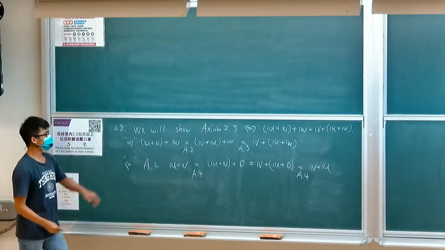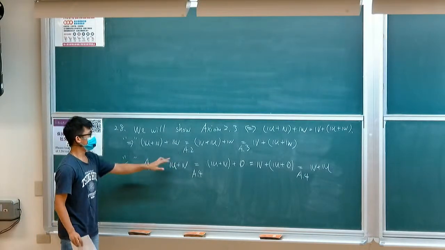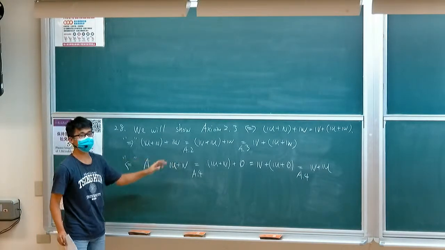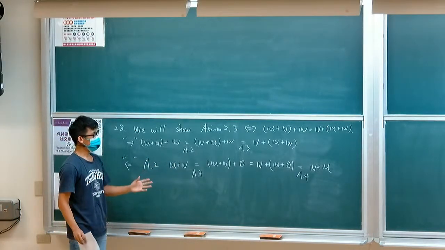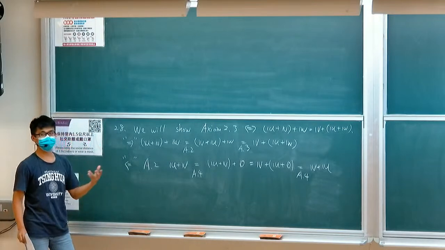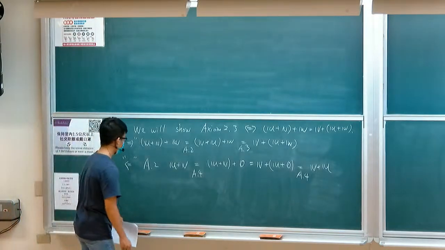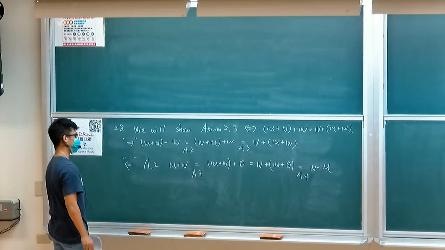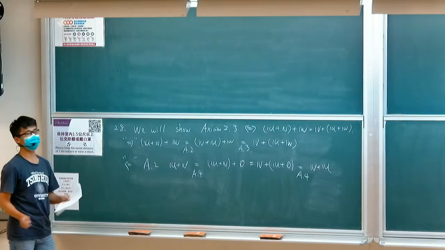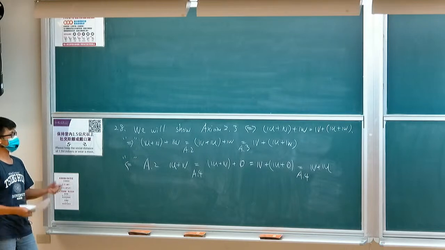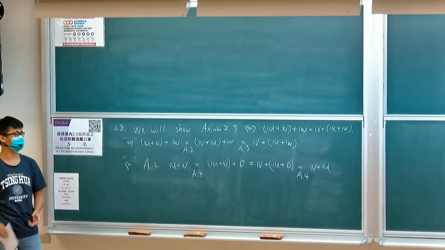Remember that the axioms I'm talking about here are the axioms listed in the textbook, not those in the lecture notes. They are the same, just the descriptions are a little different. Basically, the axioms in the lecture notes are just combinations of the 10 axioms in the textbook.